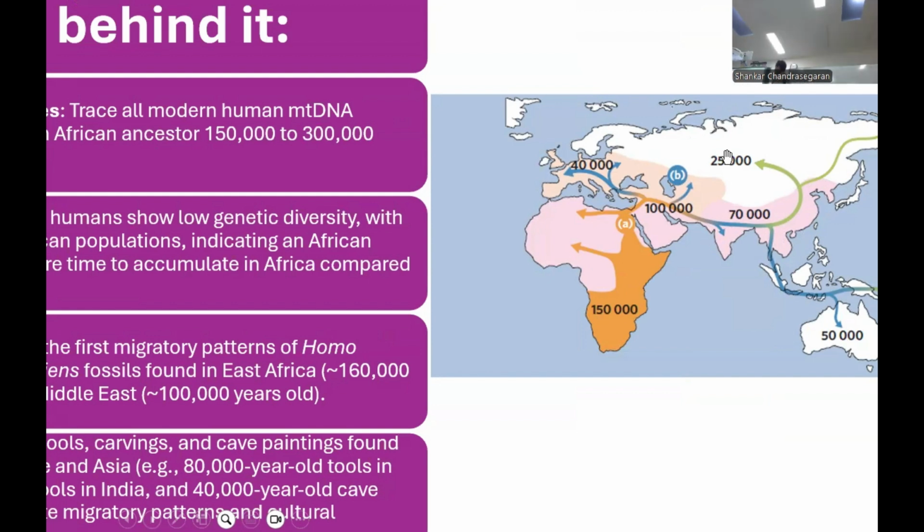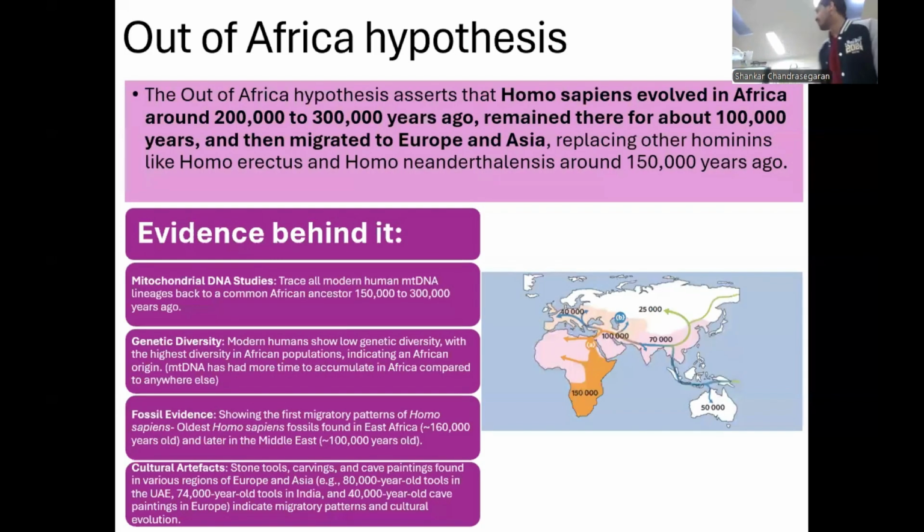When we dated them, we found that the fossils found on the east coast of Africa were about 160,000 years ago, whereas the fossils we found in the Middle East were about 100,000 years ago. So, like I said, by using fossils and dating them, we can show a pattern of how they might have moved, right? Because one fossil is older, so they were there longer in the past, and one is more recent, showing that eventually they would have moved into a different region.